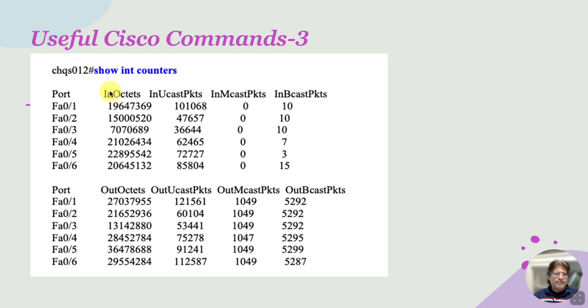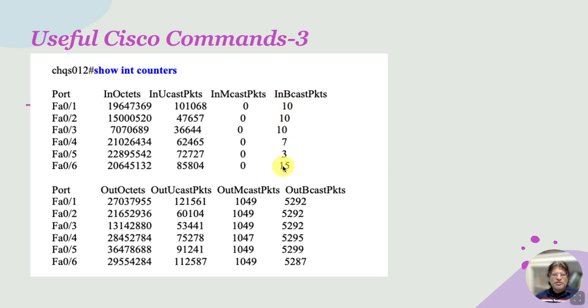You can find a command to reset these counters, but if you run this particular command, you'll be able to see how many packets have been coming in through this specific port, how many unicast packets have been coming into this port, how many octets have been coming into this port, how many multicast packets, and how many broadcasts.